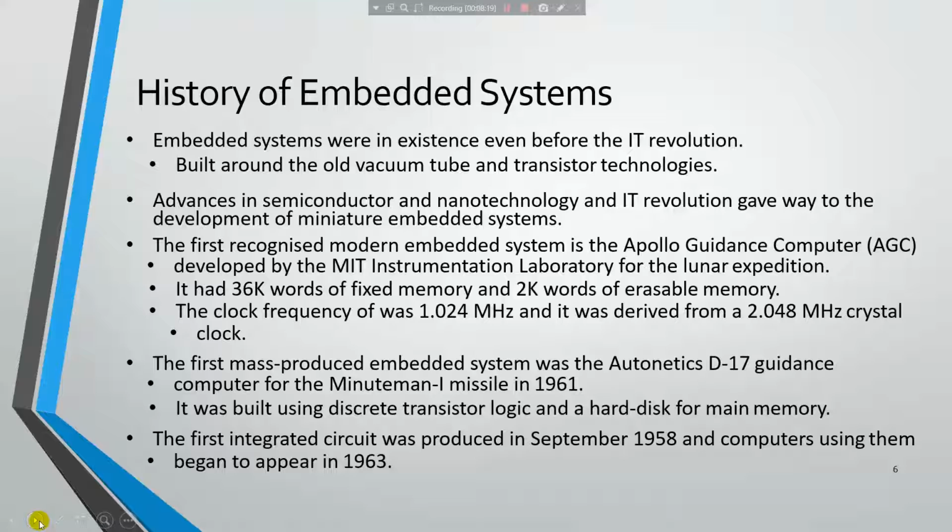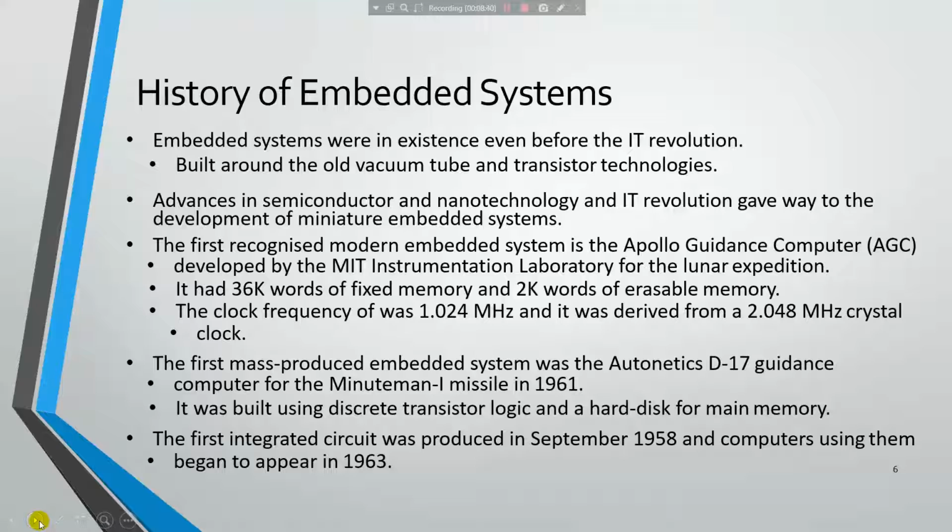The first recognized modern embedded system is the Apollo Guidance Computer, called AGC. It was first developed by the MIT Instrumentation Laboratory for the lunar expedition. So this was the first embedded system which was designed.